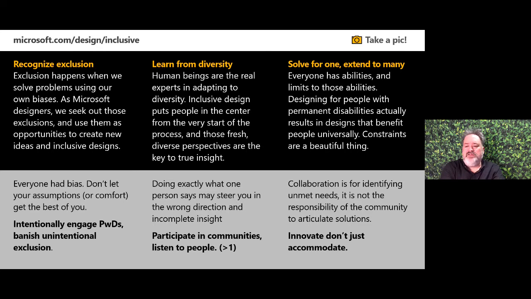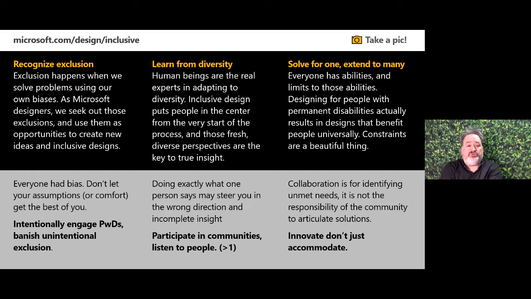This last one is solve for one, extend to many. Another aspect of this, when I said don't do what one person says, is that we collaborate with the disability community. We design with them, not for them, but the collaboration is for identifying unmet needs. And we shouldn't put the burden of coming up with the design solution squarely on the community's shoulders.